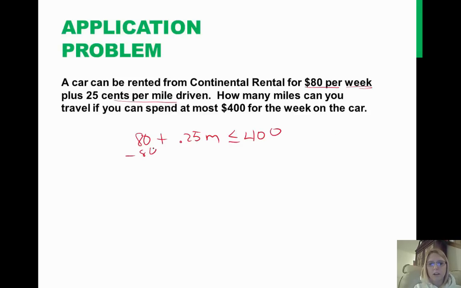We're going to subtract 80 from both sides. We'll have 0.25m is less than or equal to 320. And then we'll divide both sides by 0.25. So the miles that we can go is 1,280.